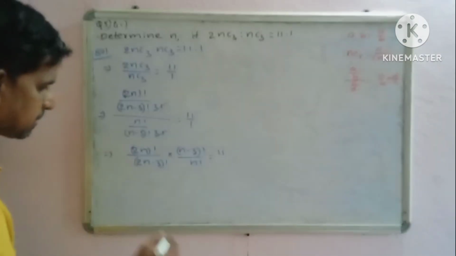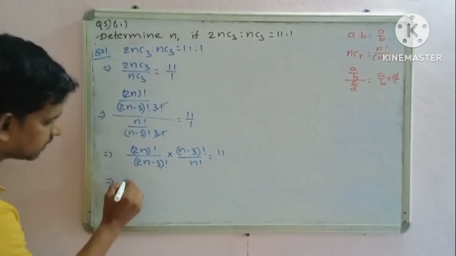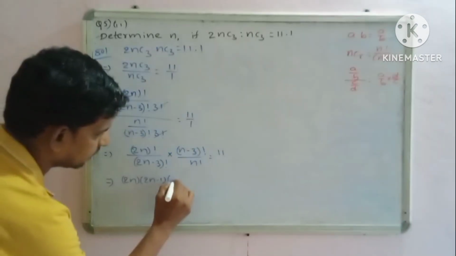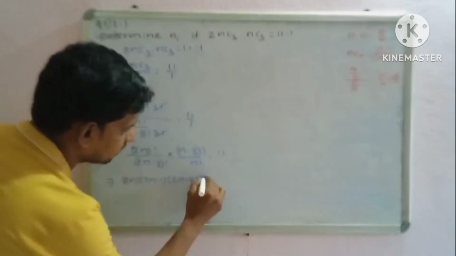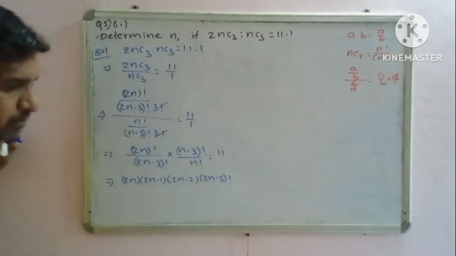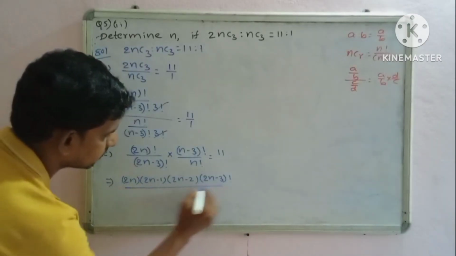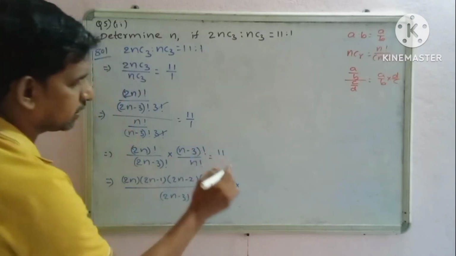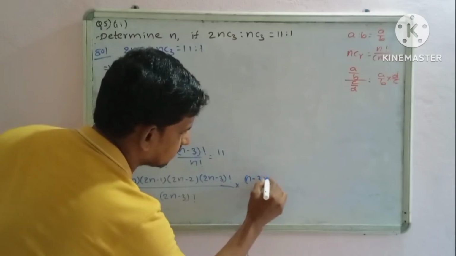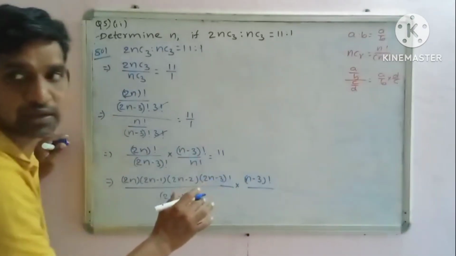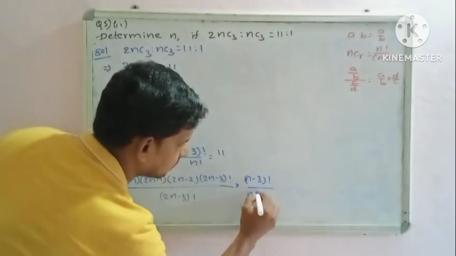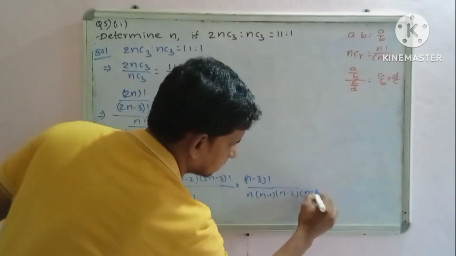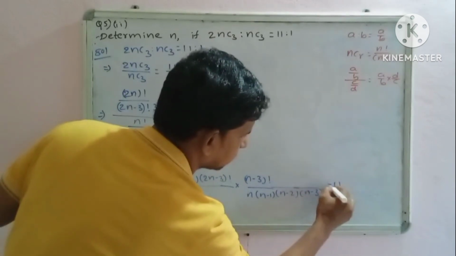11 by 1 is nothing but 11. 2n factorial can be written as 2n into 2n minus 1 into 2n minus 2 into 2n minus 3 factorial, divided by 2n minus 3 factorial into n minus 3 factorial divided by n factorial. n factorial is nothing but n into n minus 1 into n minus 2 into n minus 3 factorial equals 11.